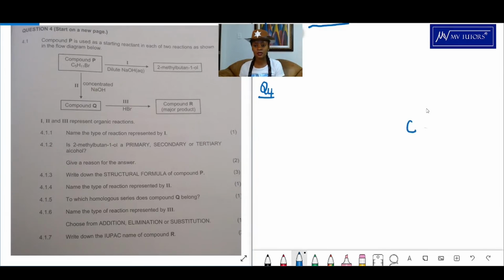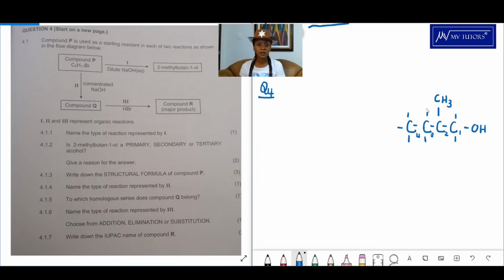I'm going to make this 1 and that 2, that 3 and that 4. So on the first carbon, we have our OH group. And then on our second carbon, we have that methyl group. So that is 2-methyl-butan-1-ol. Okay, 4 carbons. And then the rest are just hydrogen atoms.